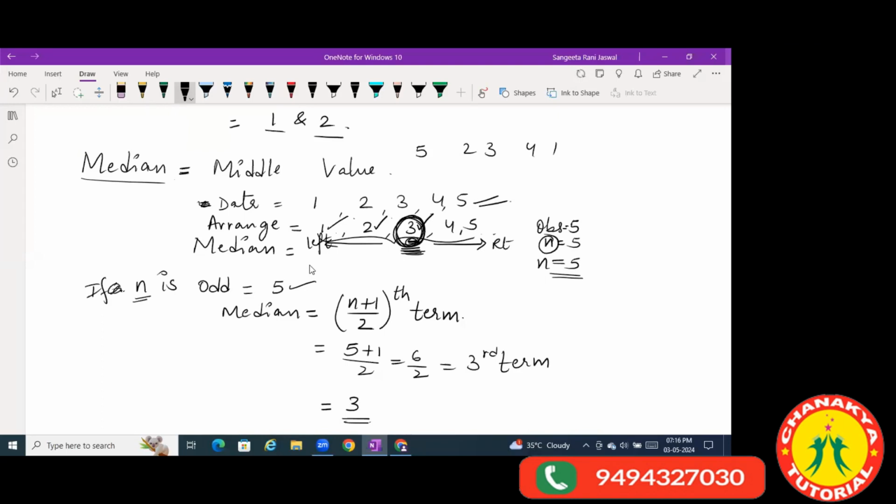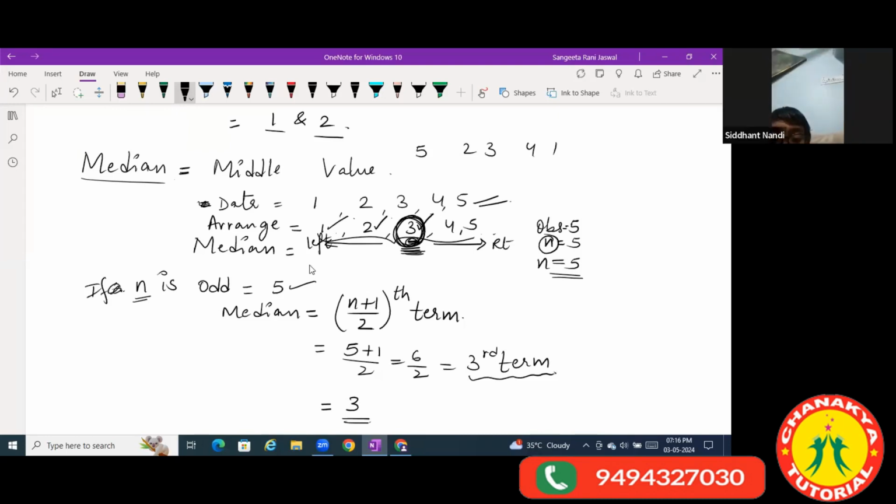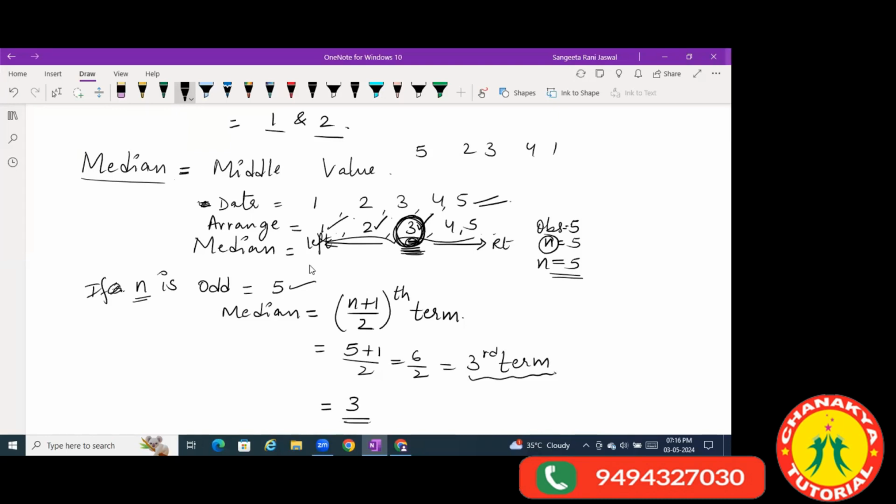Now n is 5, so in place of n, I write 5. That gives me 5 plus 1 is 6 by 2, that is the third term. This is very important here. The third term of this data is my median value. The third term in this data is 3, so 3 is the median of this data.